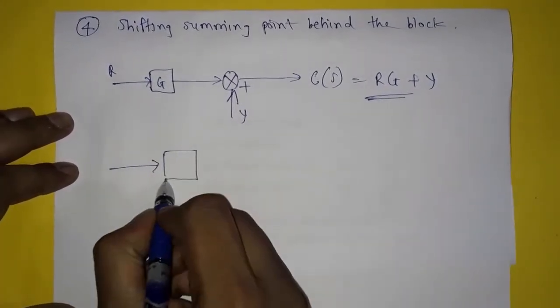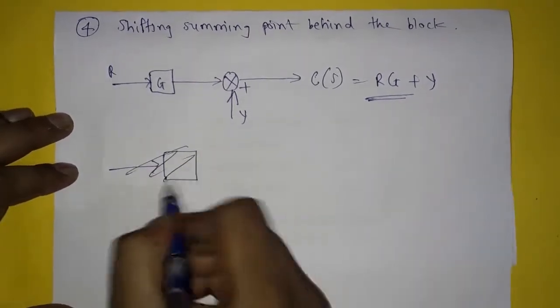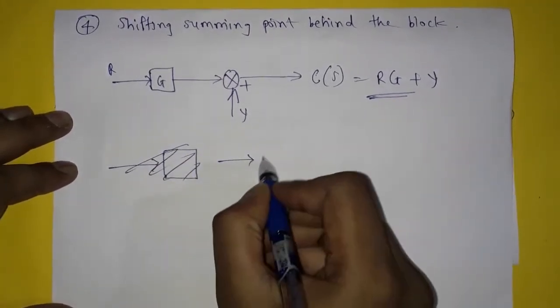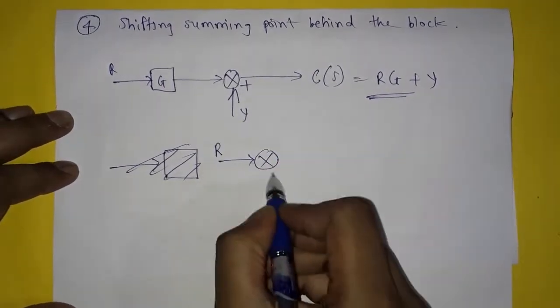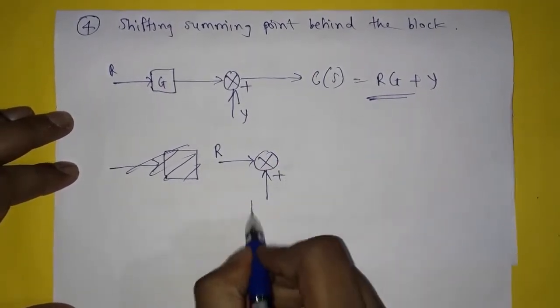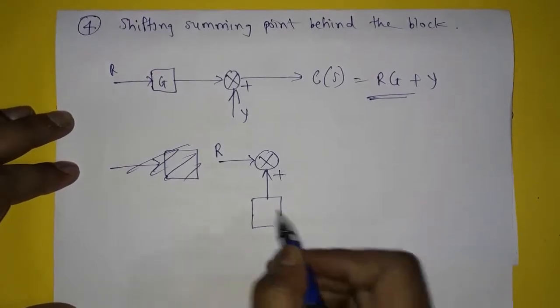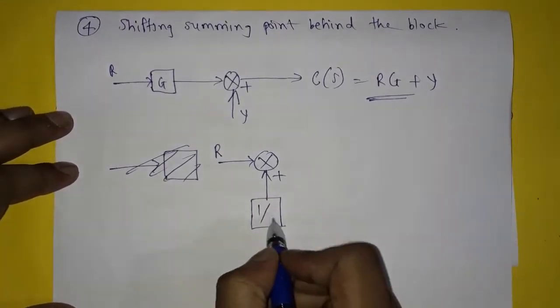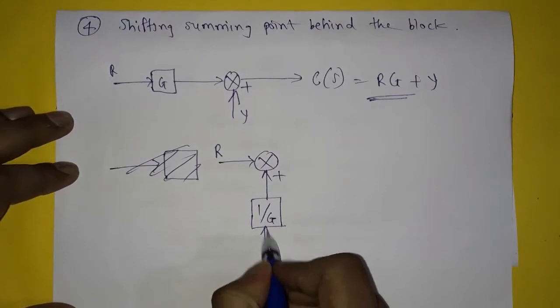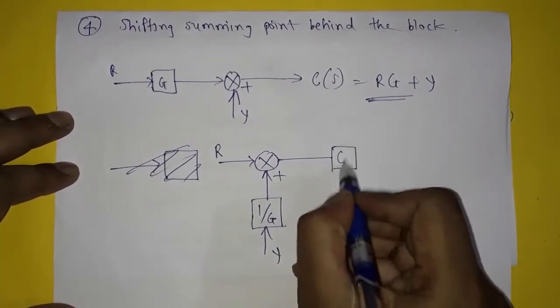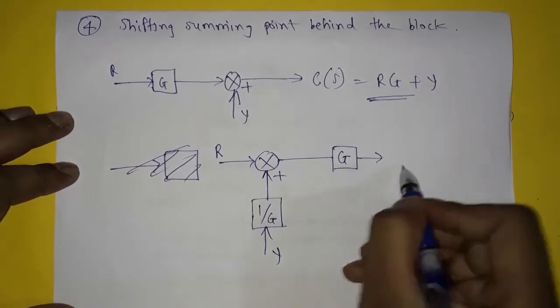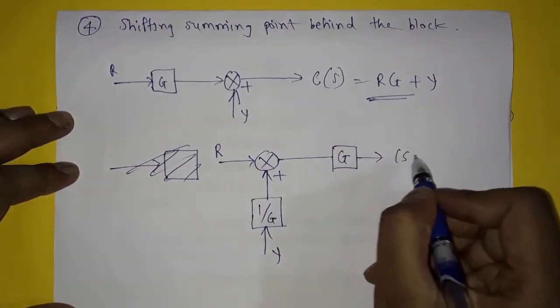This is block, this is our summing point, this is R, this is plus, this is another block which has value 1 upon G, and this is Y, this is G, and this is C(S).